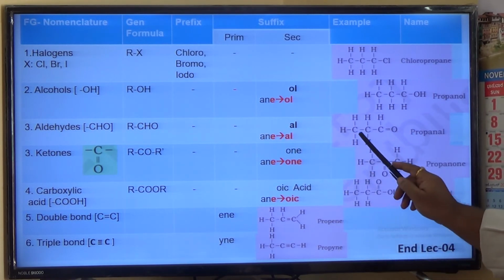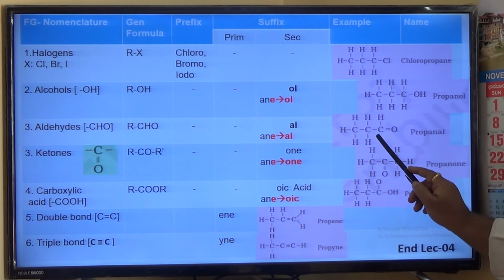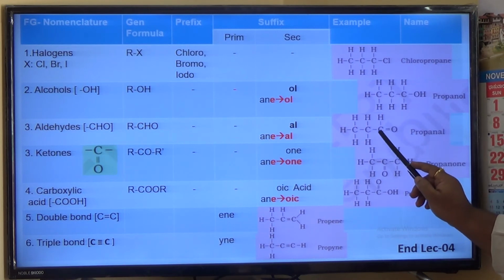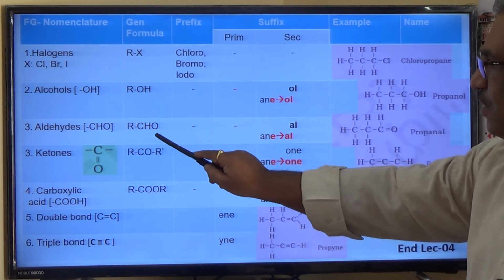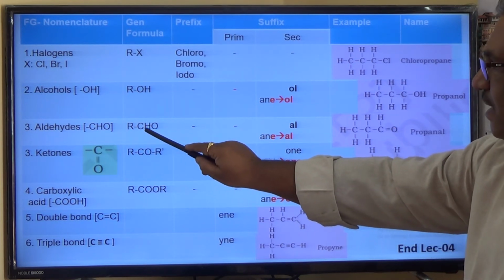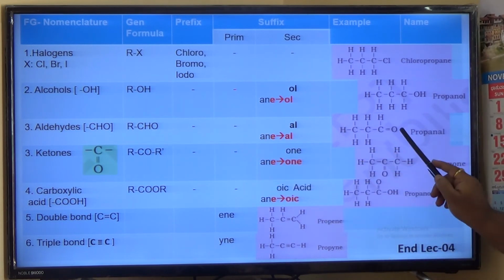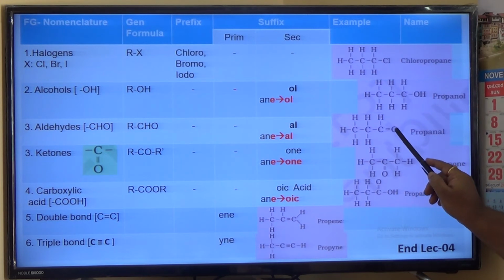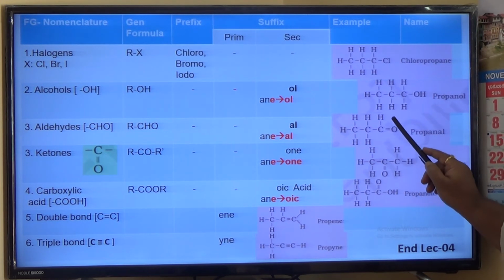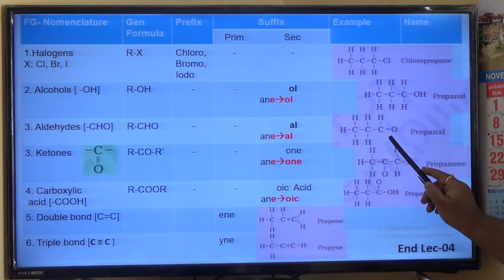Example, here you can see 1, 2, 3 carbon atoms. We have earlier taken propane, but in this propane, already C is there, already H is there, and one double bond O we are introducing at the end here. If this is written like this, then we cannot read only C double bond O as a functional group.